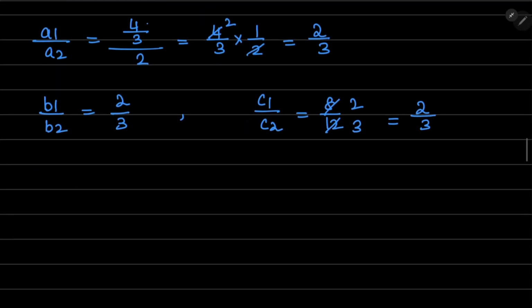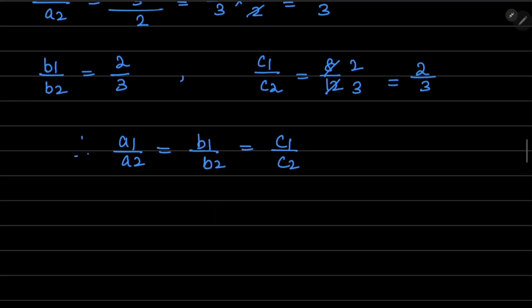Again, what can I write? Therefore, I can write A1 by A2 is equal to B1 by B2, and this is also equal to C1 by C2. So here the lines will be coincident. Coincident lines, that means overlapping lines.